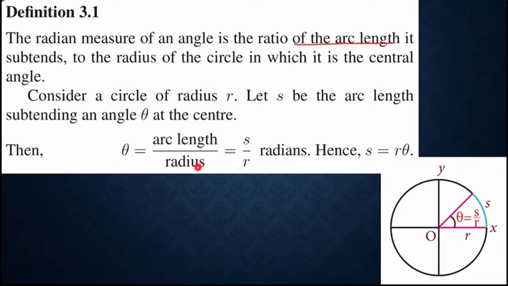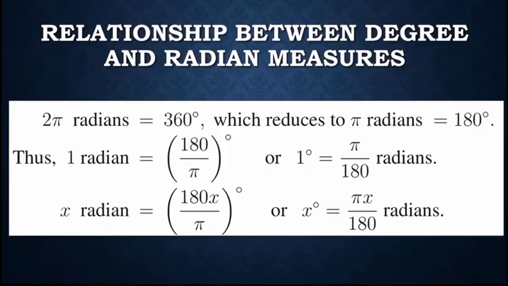Using this only we are going to solve problems. The theta, that is the angle of the sector, should be denoted in radians only, not with degrees.